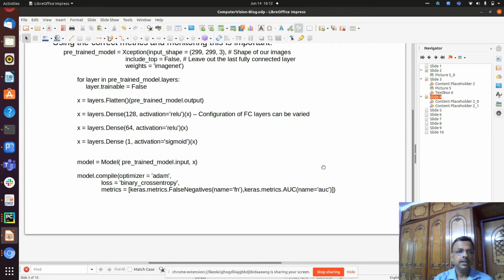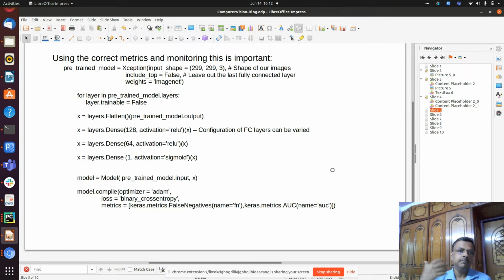But then, how do we implement deep learning in the correct way? Some of the things that I've learned: when we are using transfer learning, obviously we use a pre-trained model. We load the weights from the ImageNet trained model, and we say include top equal to false, which means we leave out the last fully connected layer.